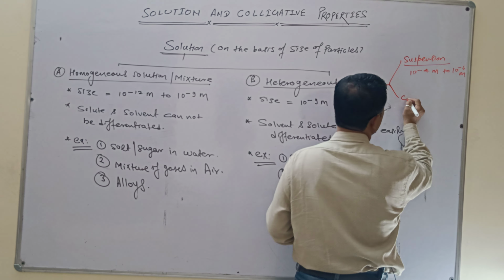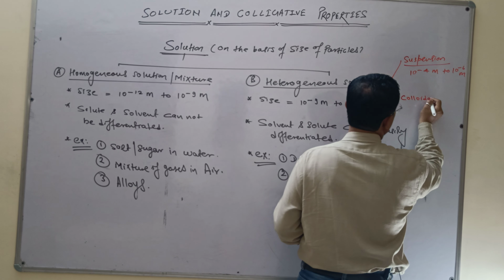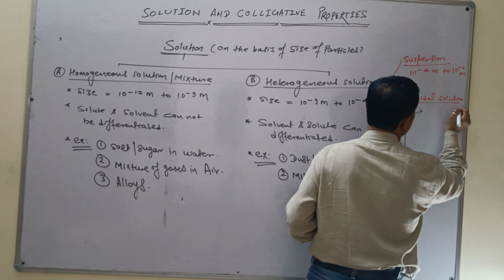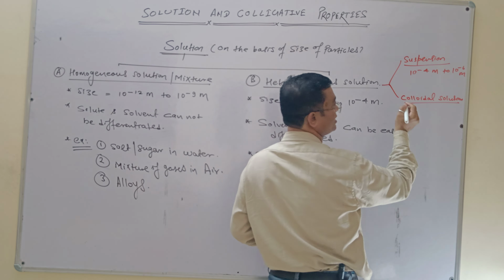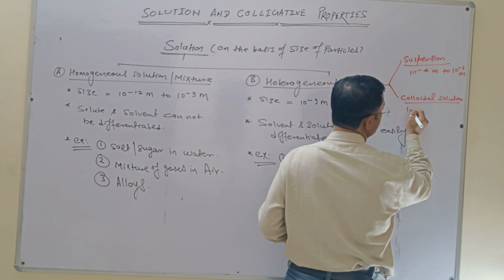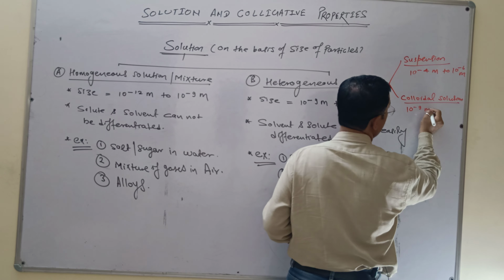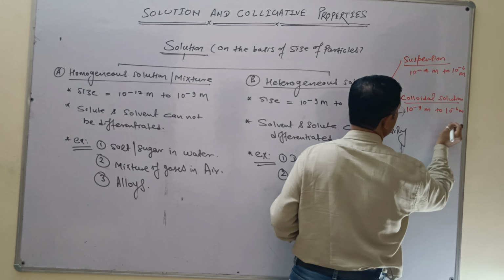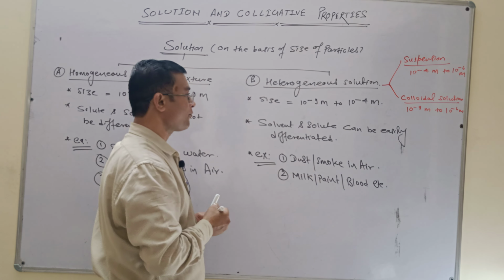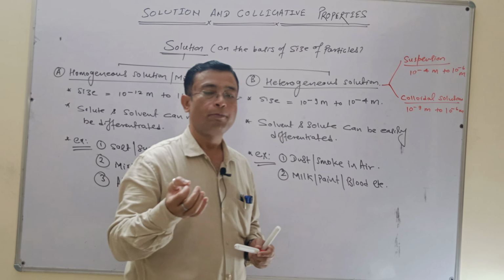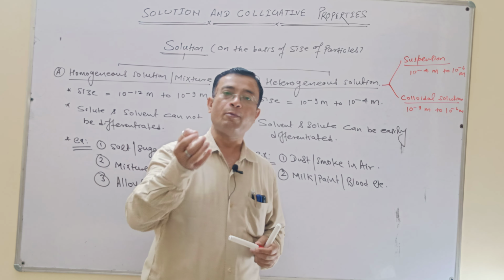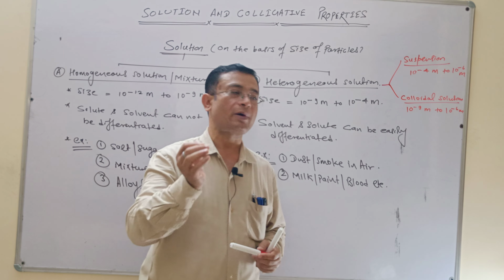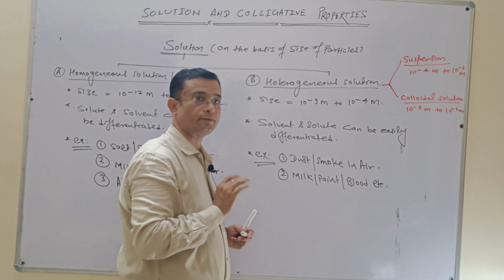The other is the colloidal solution. Here the size of colloidal particles is smaller as compared to the suspension, that is, the size may be 10 power minus 9 meter to 10 power minus 6 meter. What are examples of colloidal solution? Milk, paint, blood, almost all the food articles. These are all examples of colloidal solution.